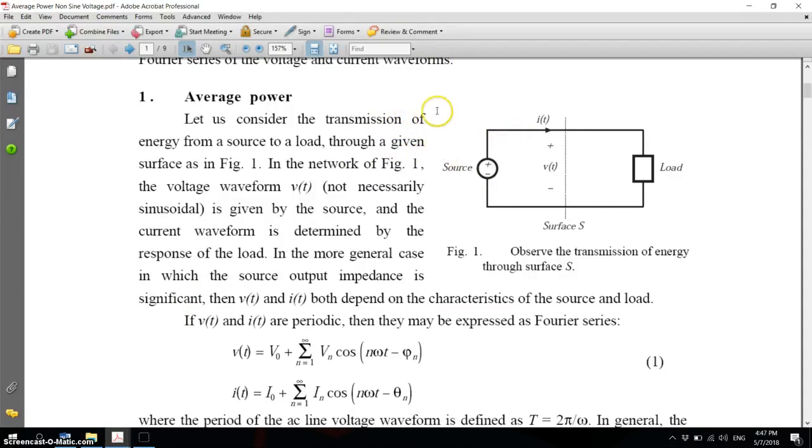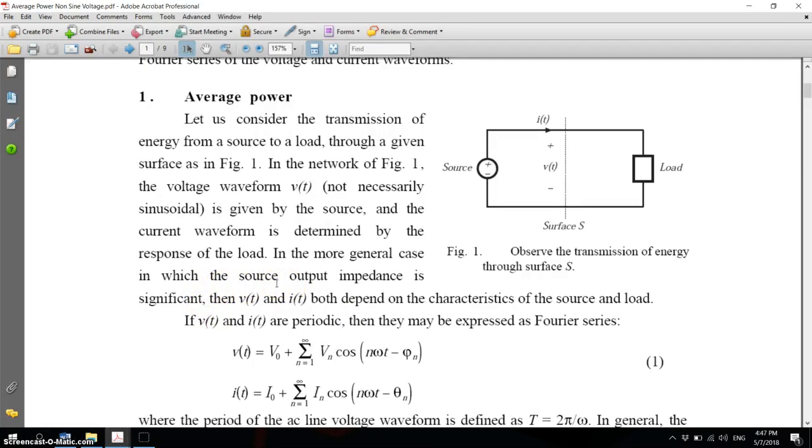Both voltage and current here can be represented by a periodic Fourier series, whereby V0 and I0 are the average values of the voltage and current respectively. But here Erickson used cos, so don't get confused.